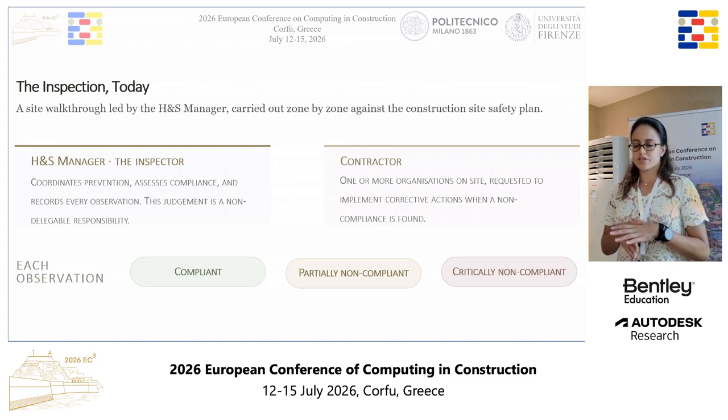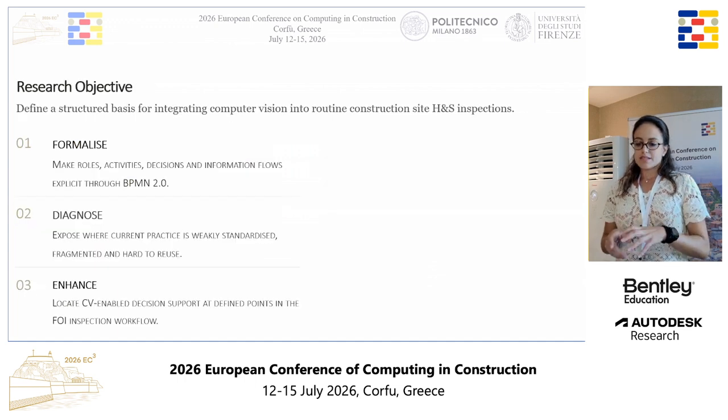This classification is central to the inspection process because it determines the following actions. Most importantly, this evaluation always remains the responsibility of the health and safety manager. Based on this context, our objective is to provide a structured basis for integrating computer vision into routine inspection. To achieve this, we first formalize the current inspection using BPMN 2.0.